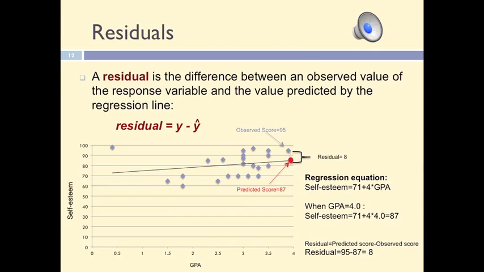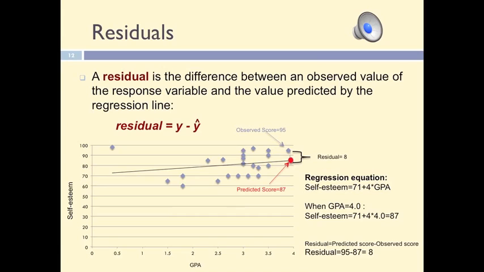However, if we look at our graph, we can see that there is a student who has a GPA of 4.0, but his self-esteem score is higher than 87. It is actually 95. If we subtract the predicted score from the observed score, we obtain a difference of 8 points. This difference is called a residual.